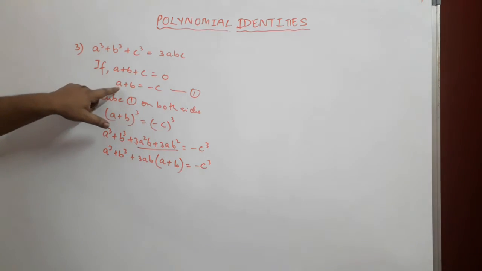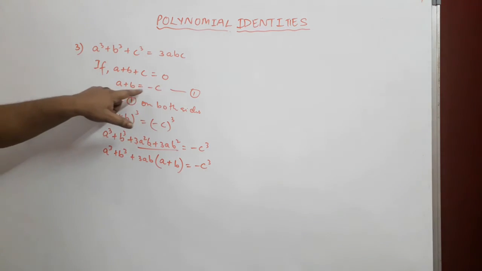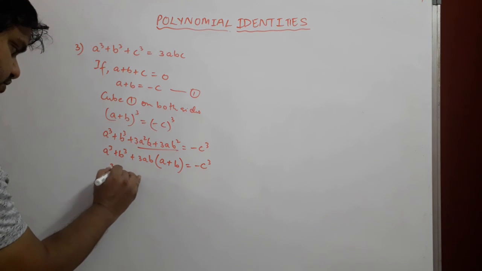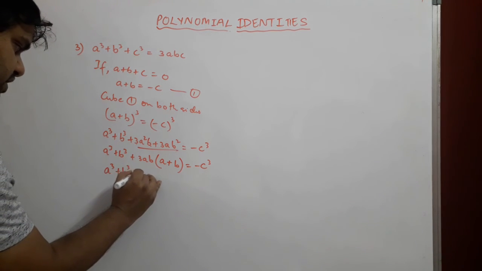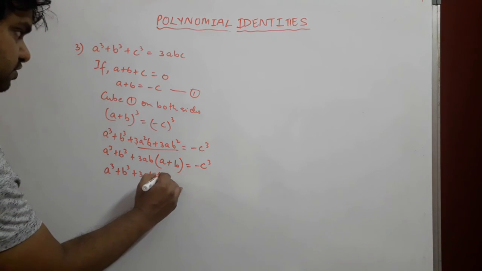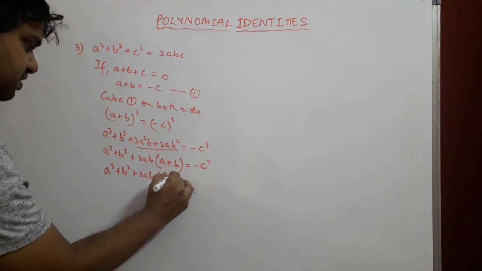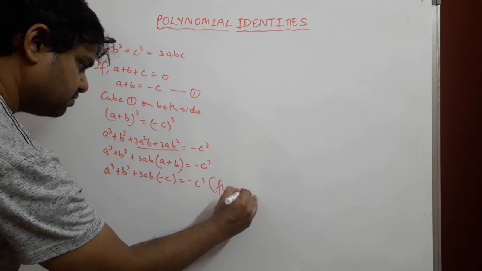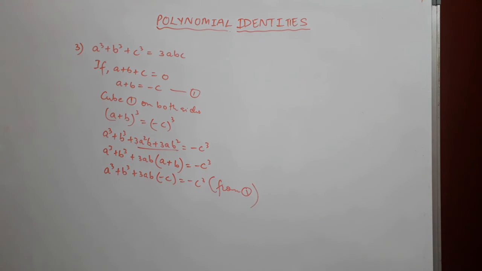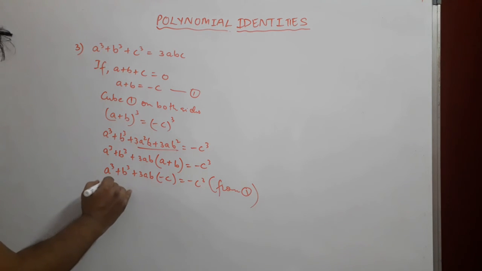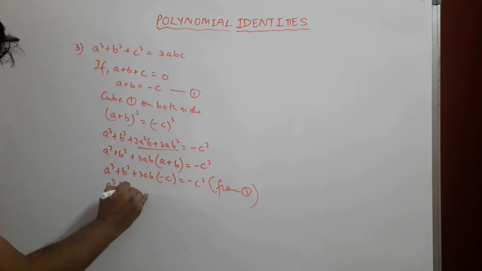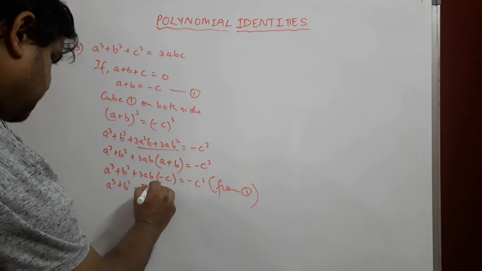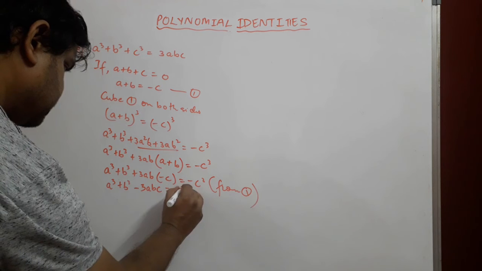But from 1 we know that a plus b is equal to minus c. So we can write a cube plus b cube plus 3ab into minus c equal to minus c cube. This will then become a cube plus b cube minus 3abc equal to minus c cube.